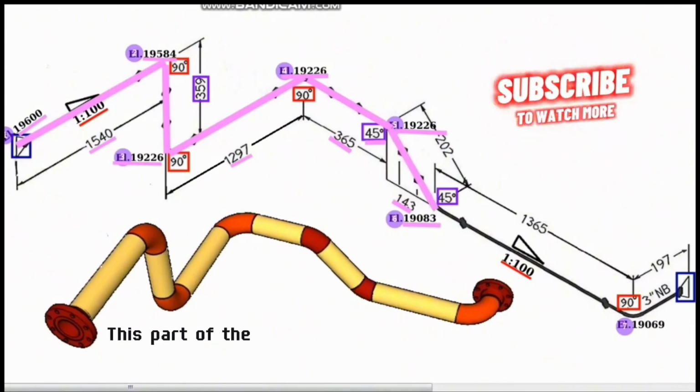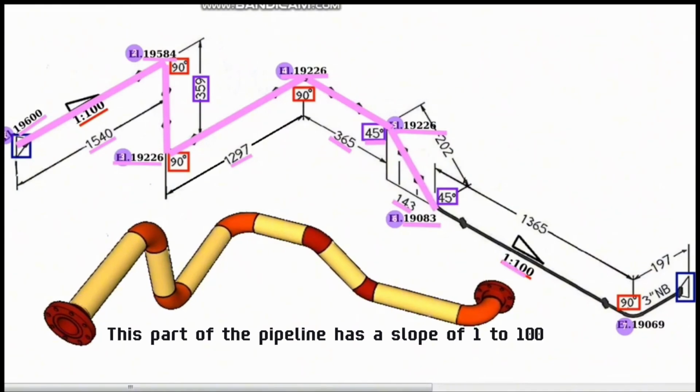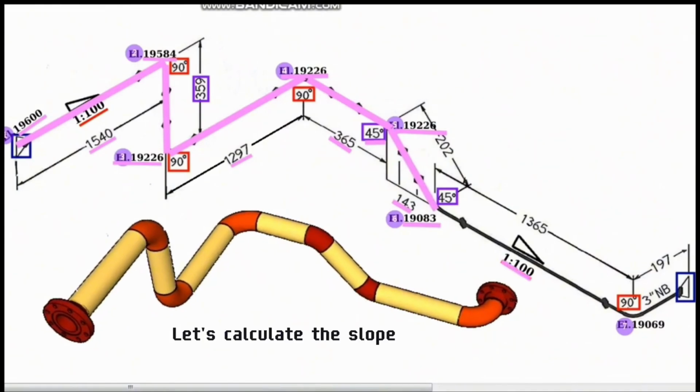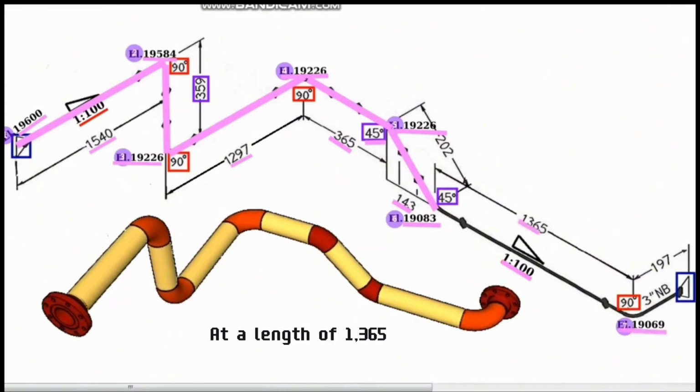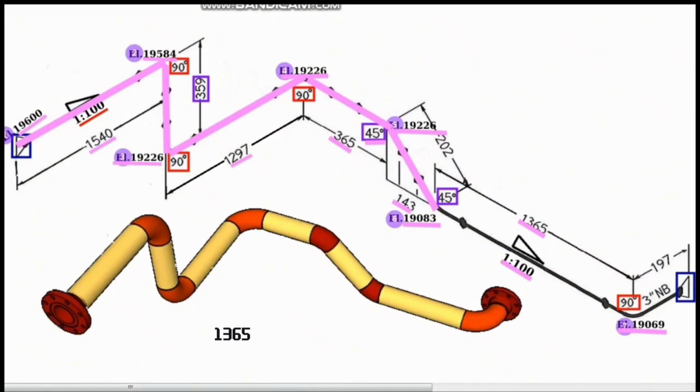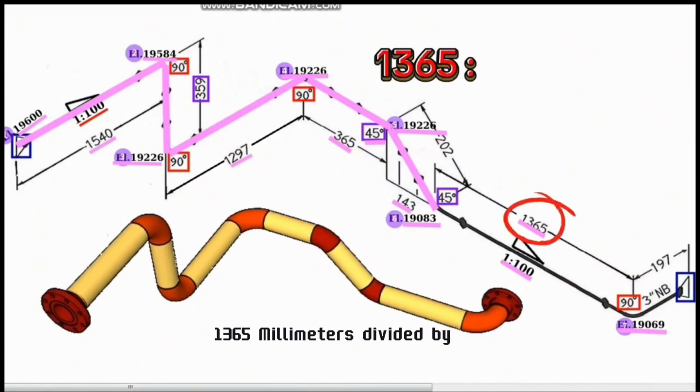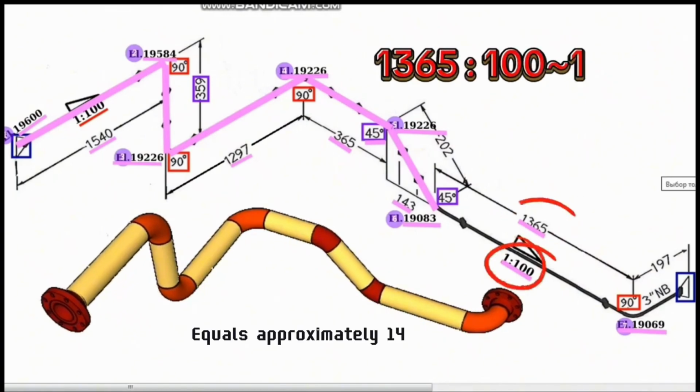This part of the pipeline has a slope of 1 to 100 ratio. Let's calculate the slope of 1:100 at a length of 1,365 mm. 1365 mm divided by 100 equals approximately 14 mm.